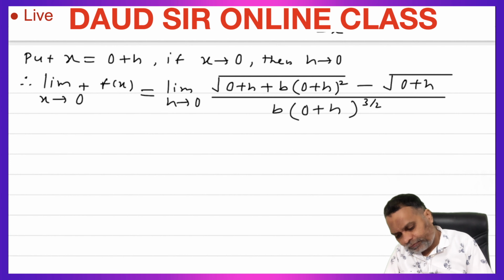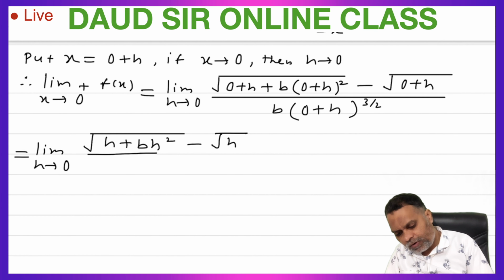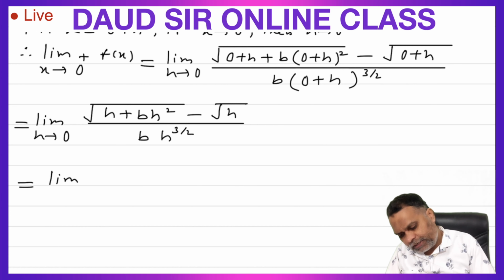Simplify this. Limit h tends to 0 of under root h plus bh square minus under root h upon bh raised to the power 3 upon 2. Now, which is equal to limit h tends to 0.